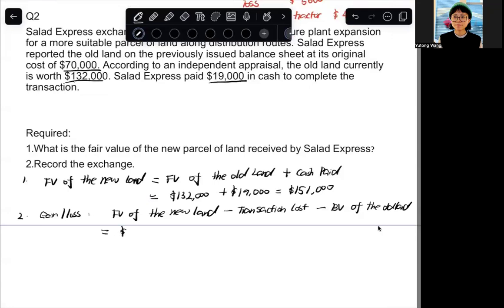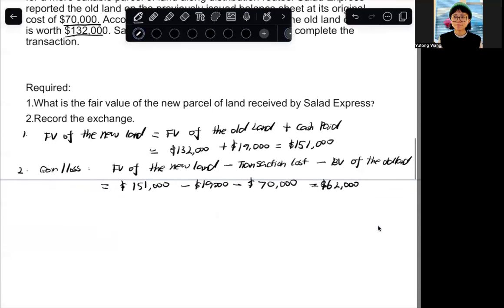So equal to 151,000 minus 19,000. Then minus 70,000 equal to 62,000. That's a positive amount, and that's a gain.